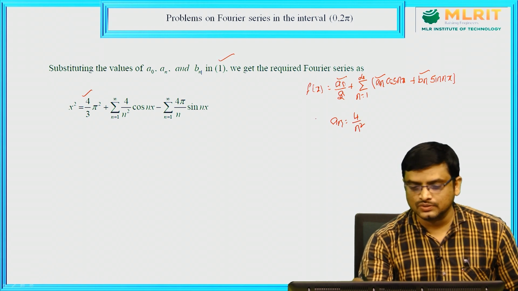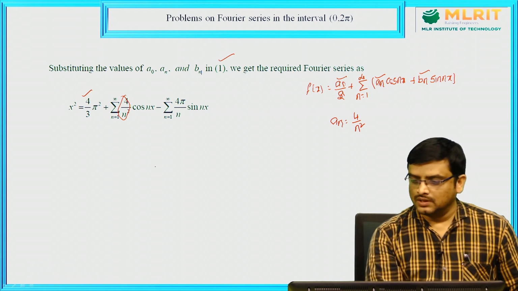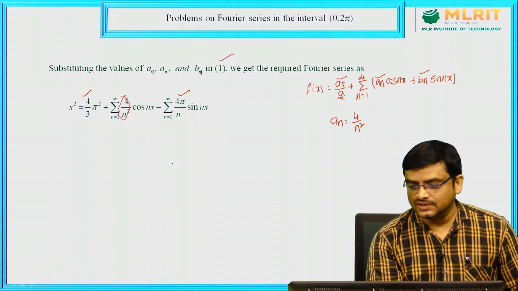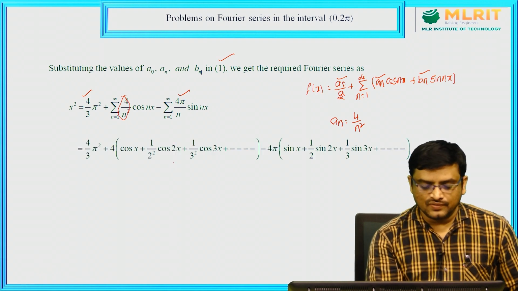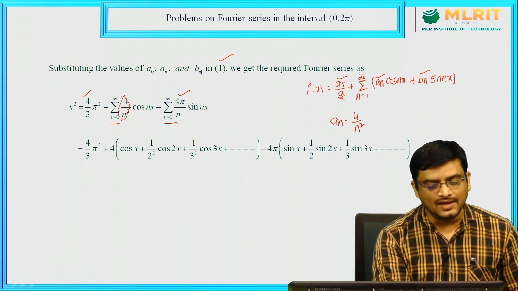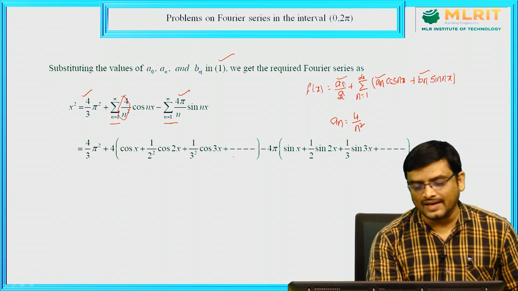So in place of An we have substituted 4 by n square, and minus 4 pi by n, this is the value of Bn. Now if you want, we can expand this summation in both terms by taking n is equal to 1, n equal to 2, n equal to 3 and so on.